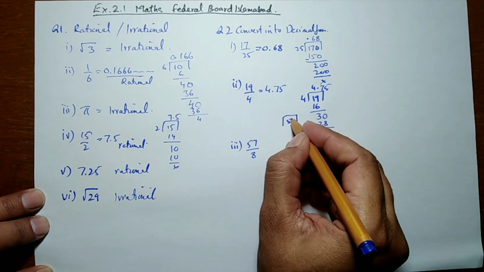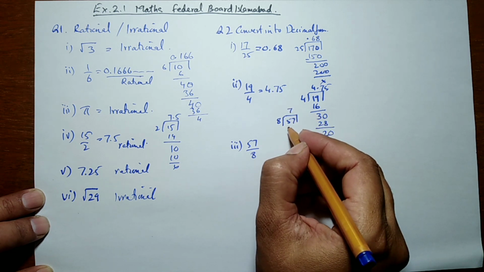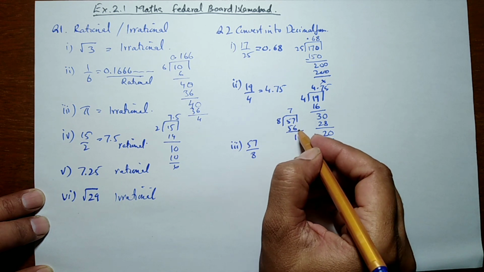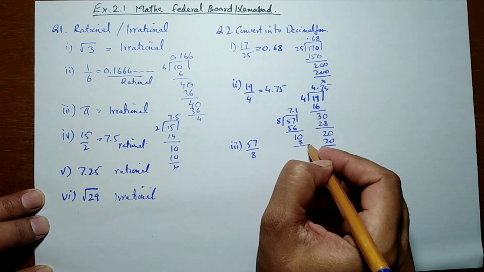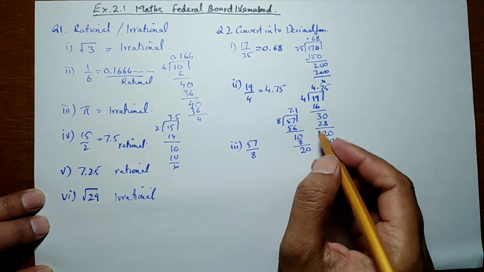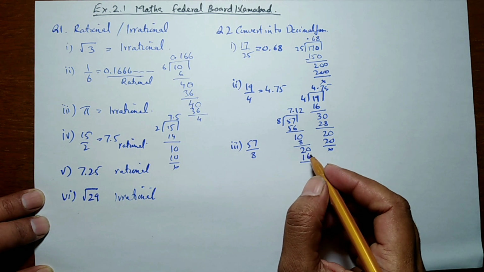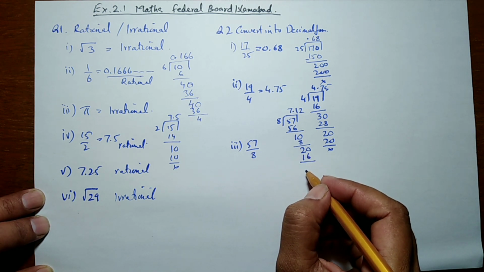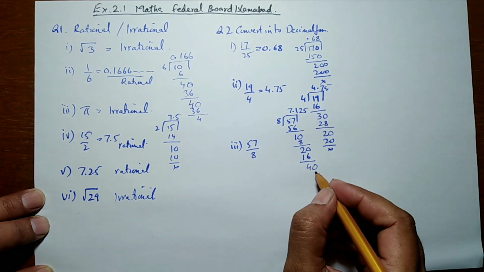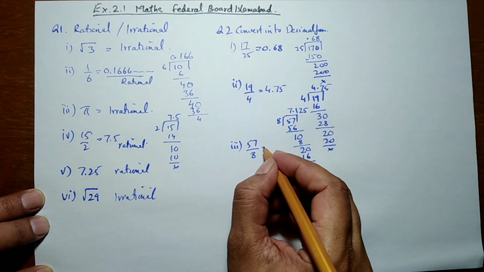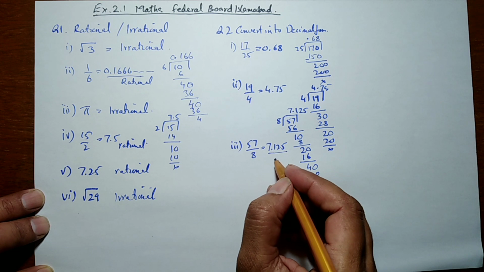Just divide 57 by 8. 8 6s are 48, 8 7s are 56, so we have remainder 1 here, introduce point and 0 here. 8 1s are 8, 2, again 0 here. 8 2s are 16, and you can see we have 4 here, introduce 0. 8 5s are 40 and the remainder is 0, 7.125. So this is our decimal answer.